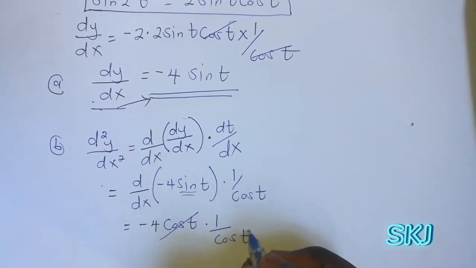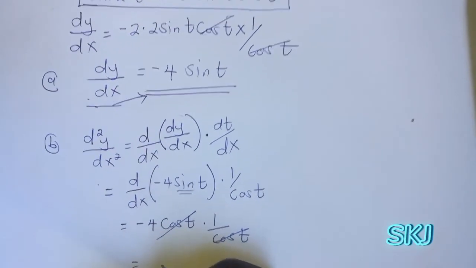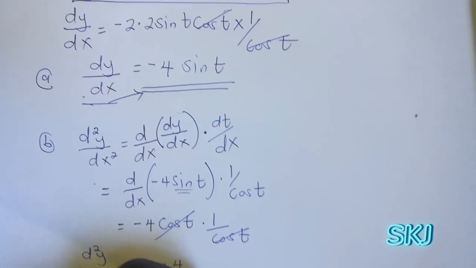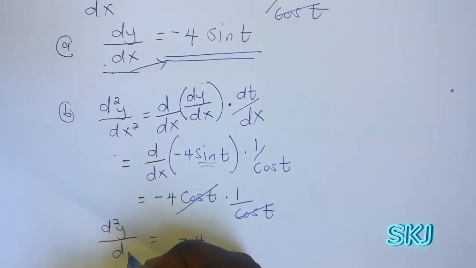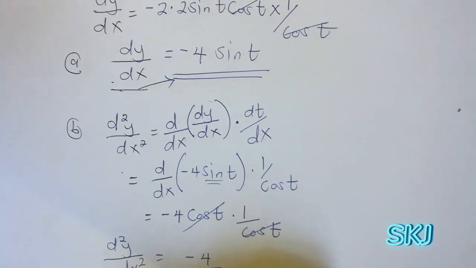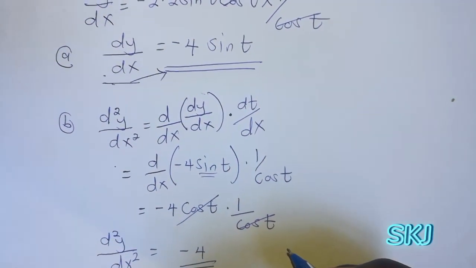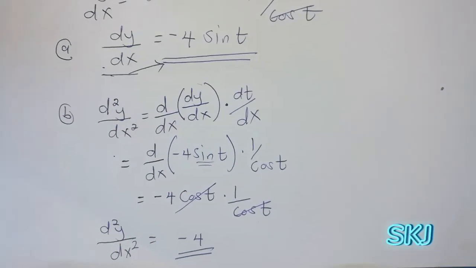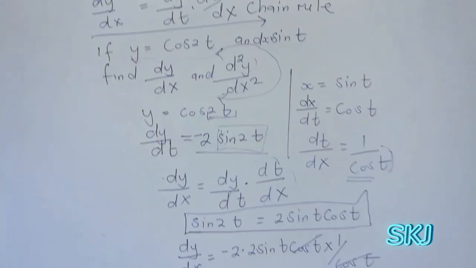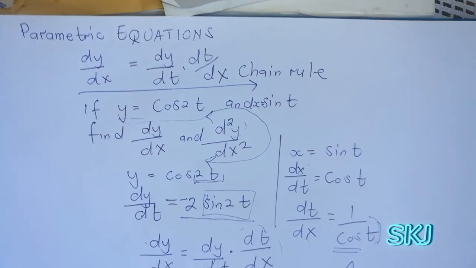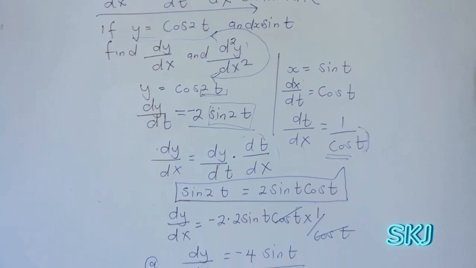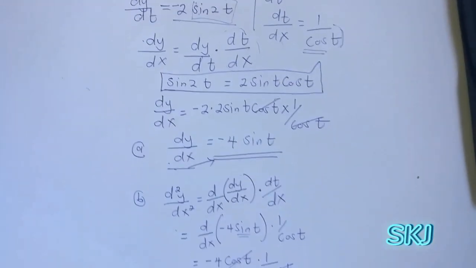This is multiplication, so the cos cancels, leaving us with -4. That means for the second derivative we shall get -4 as our answer. I've used the chain rule to come up with all this. Thank you so much. This was the solution.